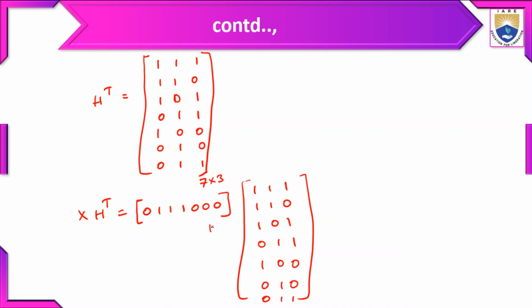So this is 1 by 7 and this is 7 by 3. So what is the answer? 1 by 3. So this size is 1 by 3. That means we are going to multiply this single row with the first column, this row with the second column, this row with the third column. So what do you get?